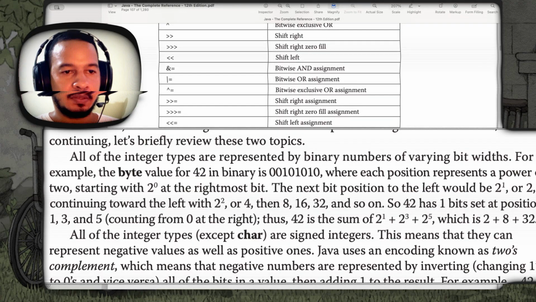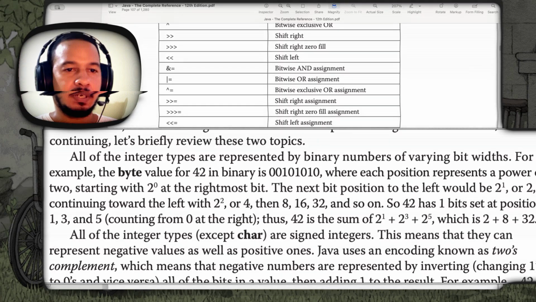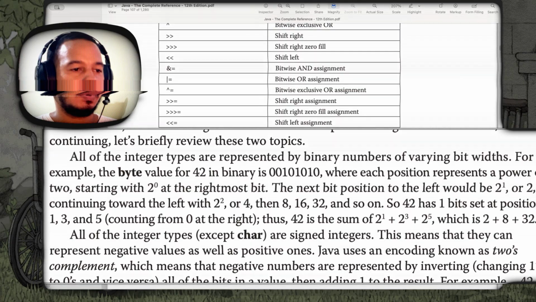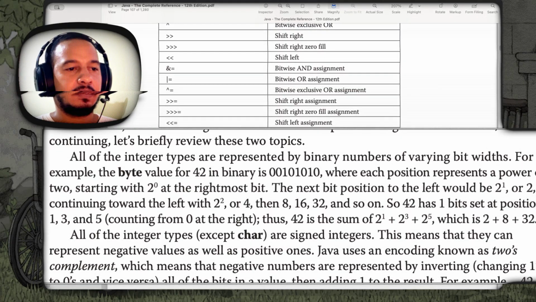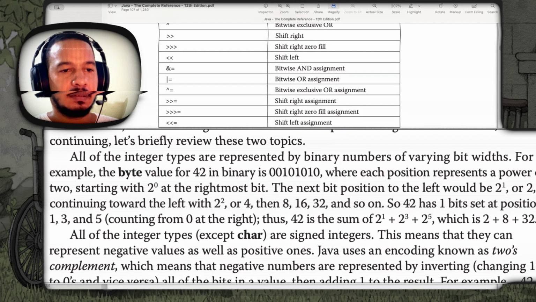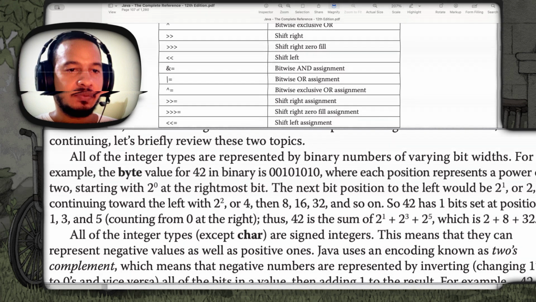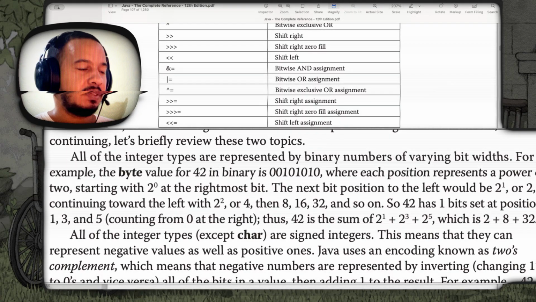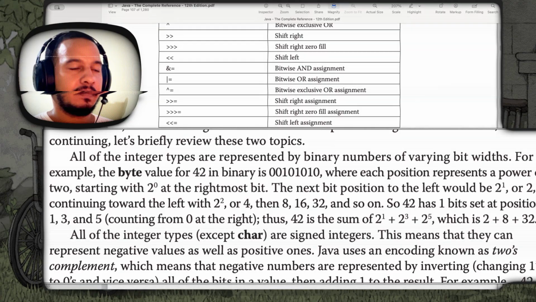The next bit position to the left will be 2 to the 1, or 2, continuing toward the left with 2 squared, or 4, then 8, 16, 32, and so on. So 42 has 1 bit set at positions 1, 3, and 5.